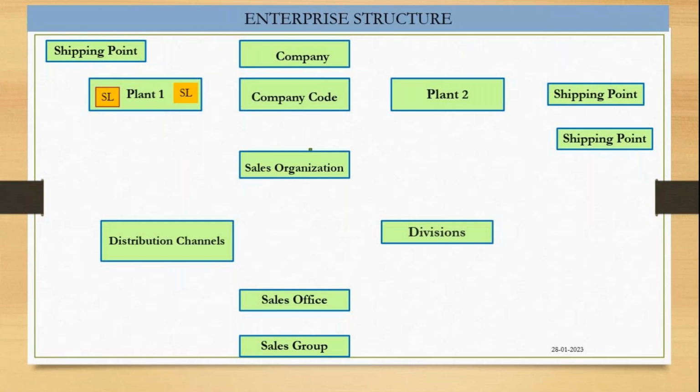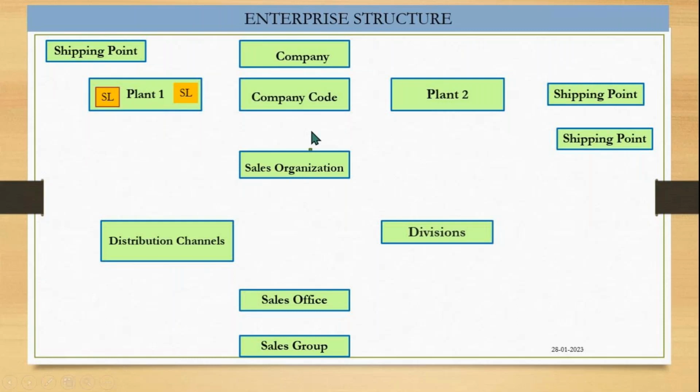Usually the company code and the credit control area are under the FICO module, finance and controlling. But since they are not here, we will define it. Why do we need them? Because whatever sales transactions we do, finally get updated on the accounting side, in the finance module.